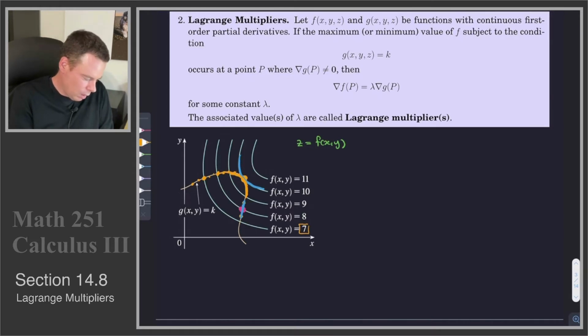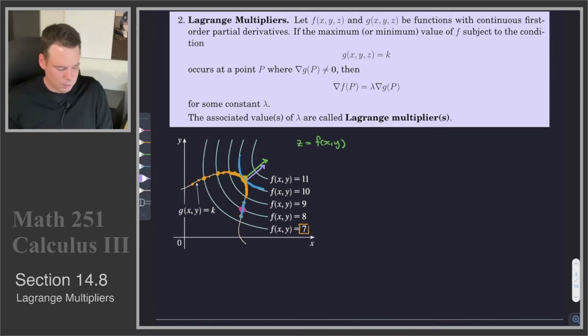tangent to each other. But what that means is, since they're tangent to each other, the normal vector to the orange curve and the normal vector to the level curve have to be parallel to each other.